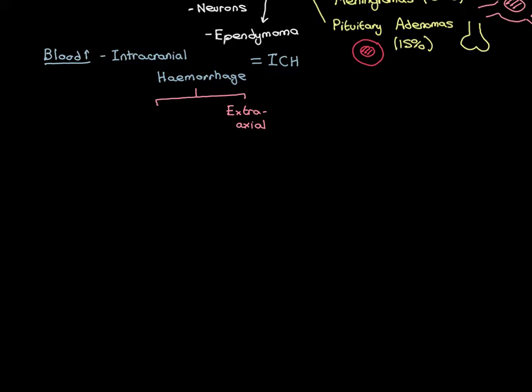We didn't call those extra-axial vessels at the time, but you can refer to those as extra-axial meningeal arteries because they are outside of the actual brain parenchyma, they're in the meninges. So an extra-axial hemorrhage is going to be where you're going to be bleeding from an artery that is in the meninges, that is extra-axial, and therefore the blood is going to accumulate extra-axially.